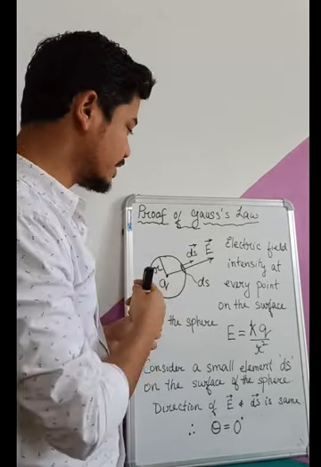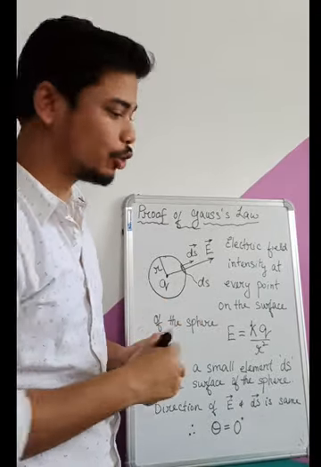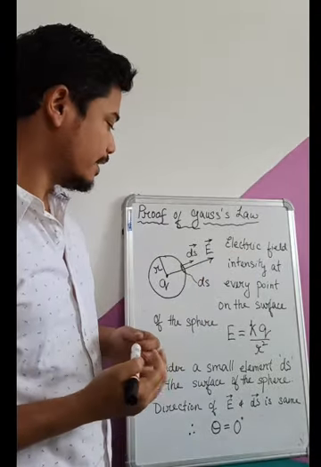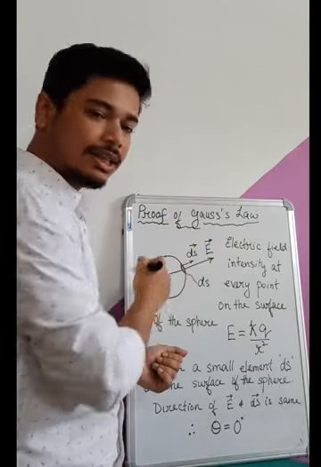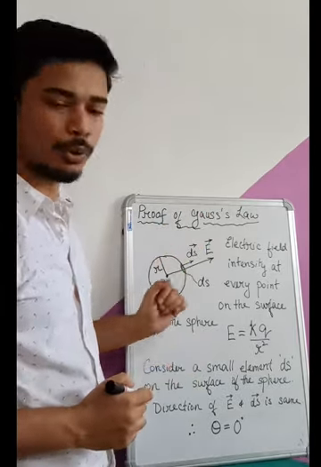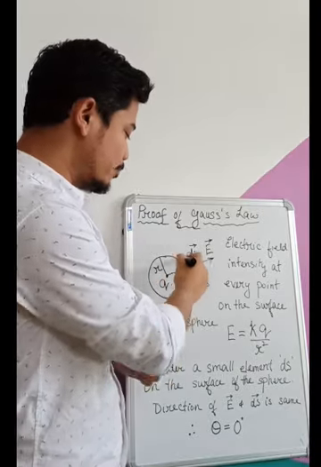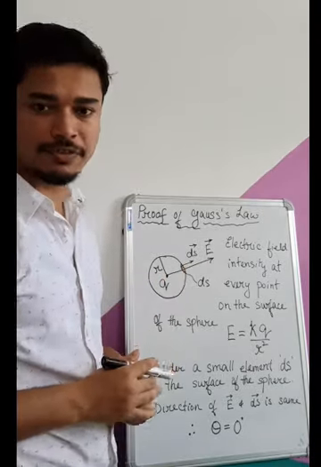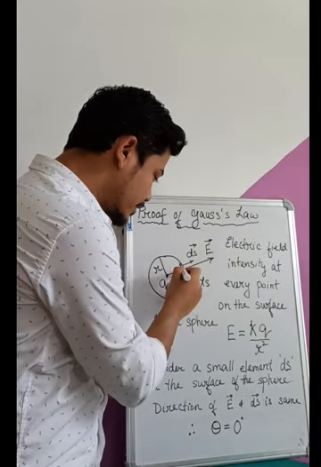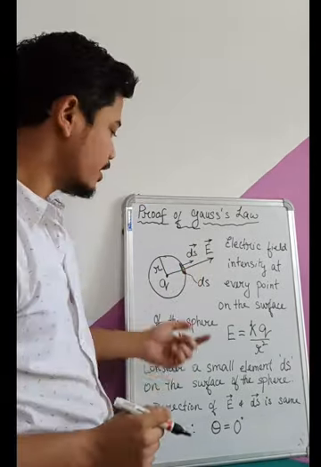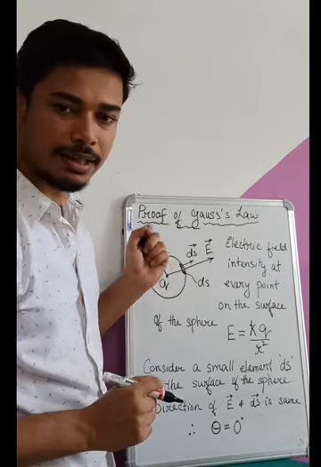So if we consider the electric field to be along this direction, we first have to calculate the electric field at every point on the surface of this sphere. For that we have considered a small area element ds.